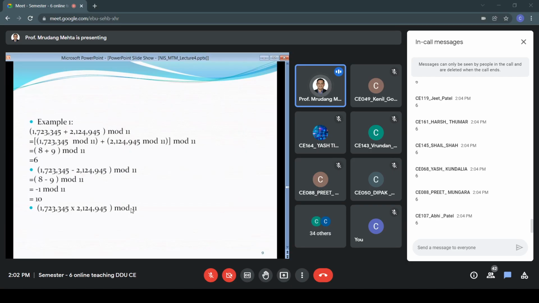But if you apply this rule, then it becomes very easy, because then you have 8 into 9 mod 11. So that is 72 mod 11. So these two large numbers have reduced to a small number. Can you understand the power of this multiplication? So the answer is 6. Is that clear to all of you? All the three properties?